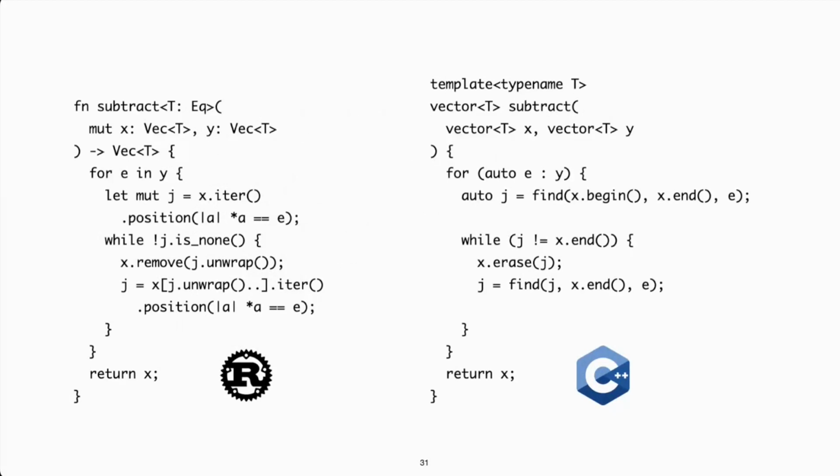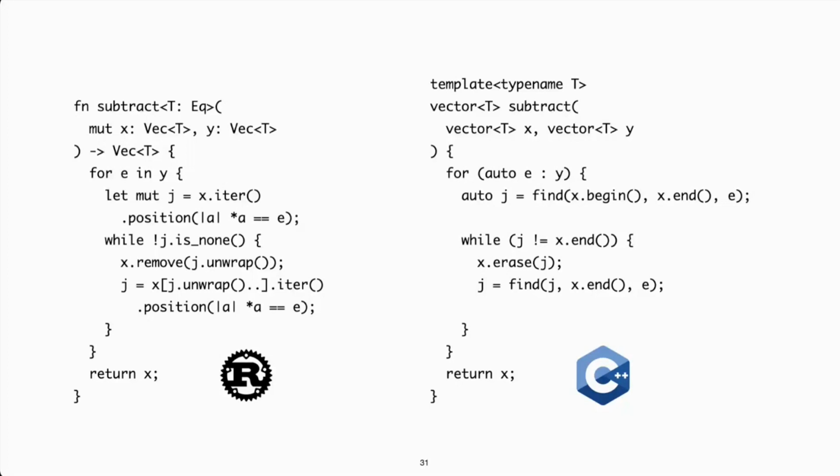Okay, so on the right, we have our subtract method, the one with the expensive copies for the pass-by-value. And on the left, we have a transliteration of this code in Rust. The body of the function is almost the same as in C++, so let's not delve into these details. Instead, let's focus on the signature. The first thing to note is that Rust has a linear type system.